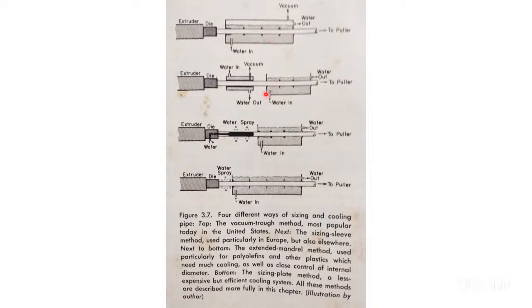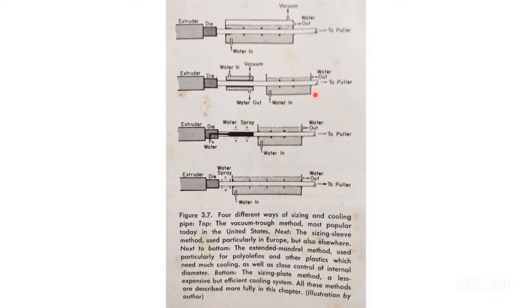You will get a good finish here, and good control also of the pipe diameter, pipe dimension. And after that, you can do further cooling here. That is, we have seen atmospheric pressure. We can again add subcooling pipes here.